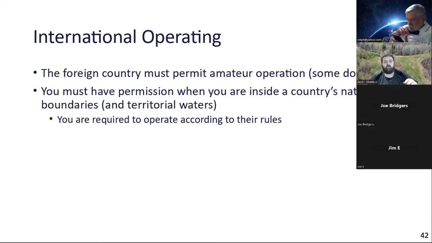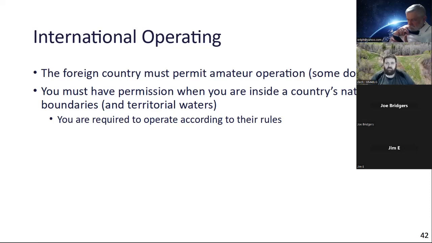You have to have permission when you're inside the country's national boundaries and territorial waters, and you're required to operate according to their rules. What most people will do when they travel to another country is get a temporary amateur radio license and temporary call sign from that country, and operate under their rules in that country.